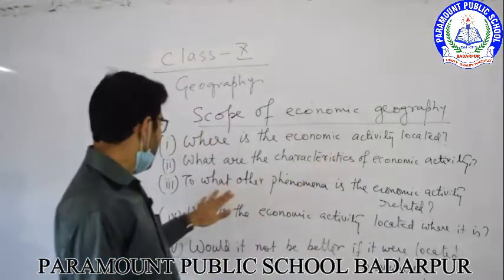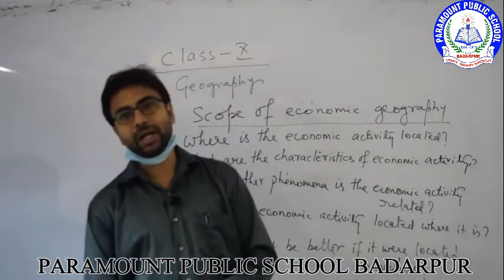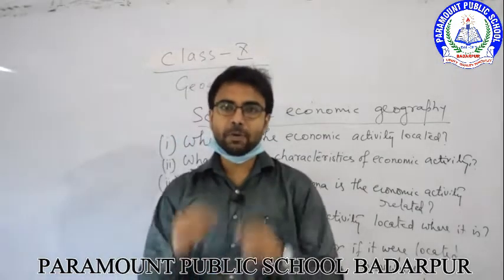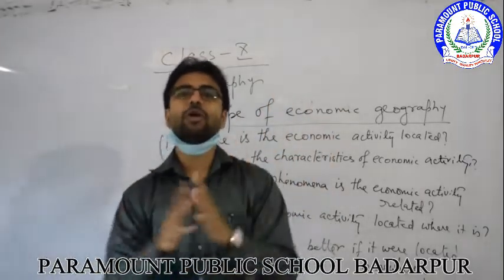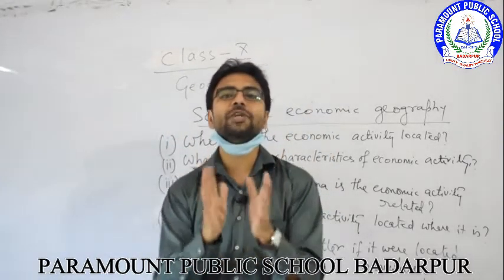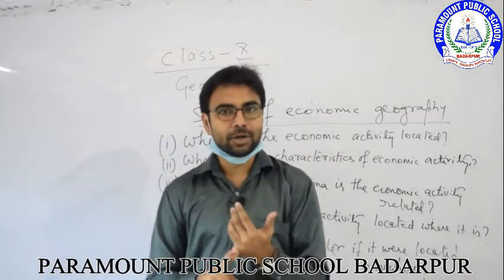These are the questions. The third question is, to what other phenomena is the economic activity related? Those people who are experts in fishing know that weather has a lot of role to play in fishing. You can't get a certain kind of fish in a certain season.